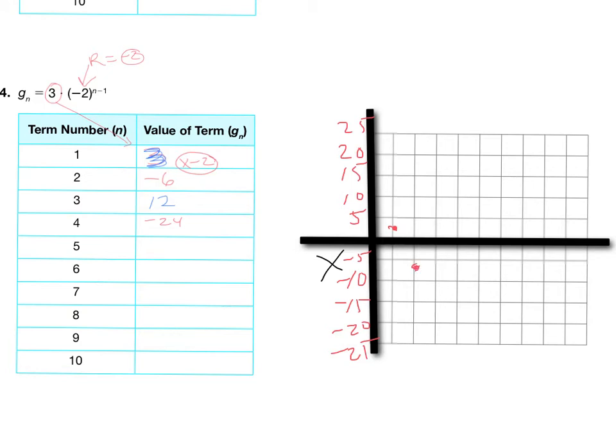The next one is 3, 12, and then up here. So it's going to go up and down, like it's going to go back and forth, and it looks like they're getting farther apart, because the fourth one is -24. So it'd be 1, 2, 3, 4, and then down 24. So there's 20, like over here. Okay, and then the next one will be 48 and such.